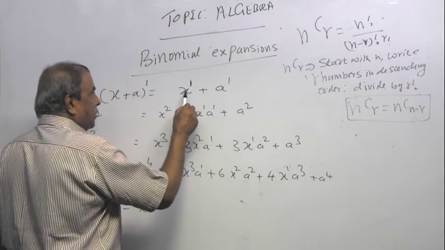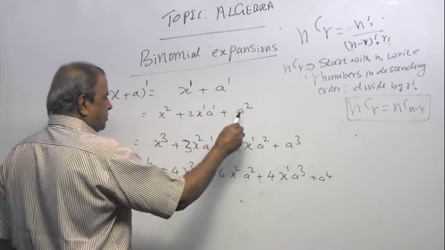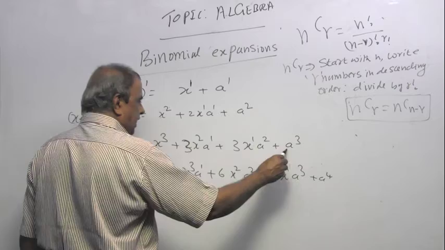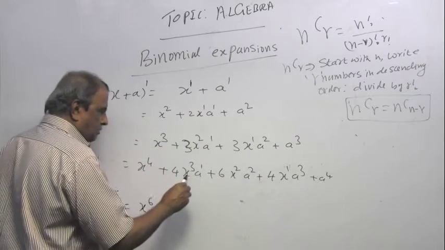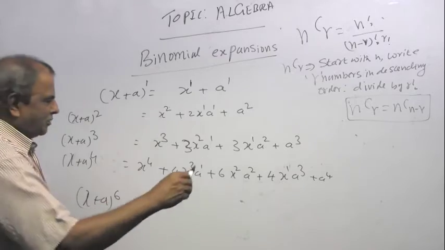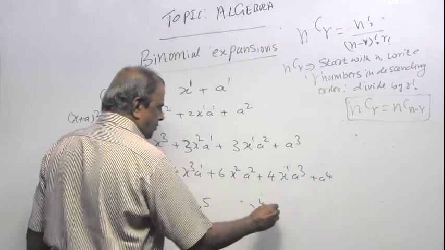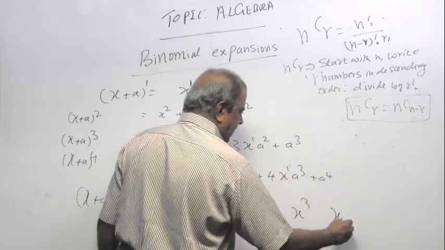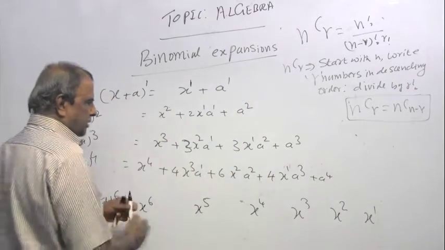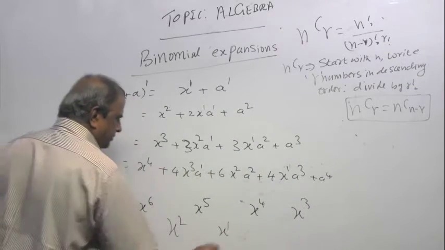Look at this. x power 1, x power 0. x power 2, x power 1, x power 0. x power 3, x power 2, x power 1, x power 0. x power 4, x power 3, x power 2, x power 1, x power 0. So x power 6, x power 5, x power 4, x power 3, x power 2, x power 1. I don't want to write x power 0.